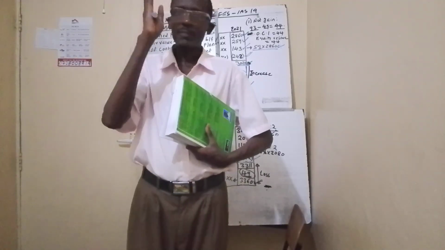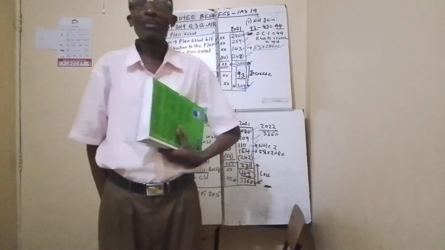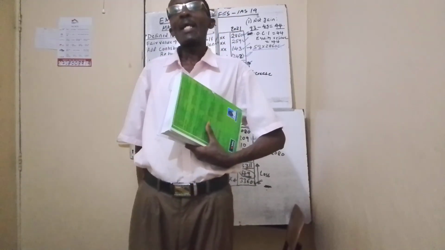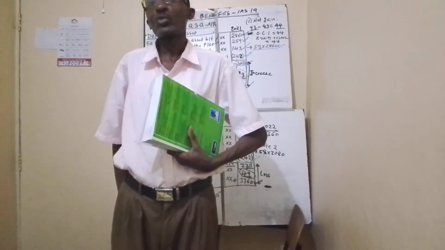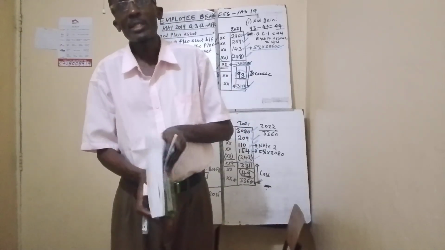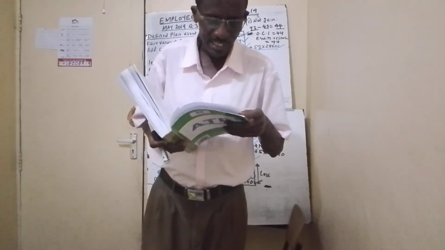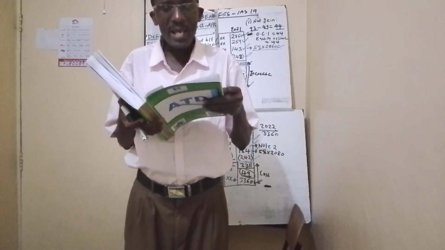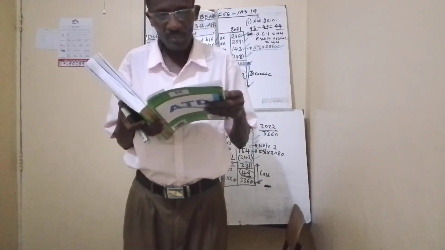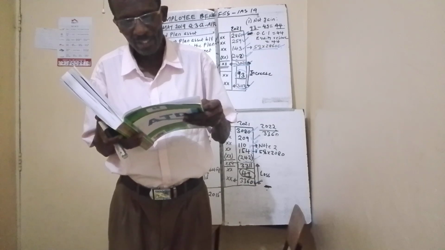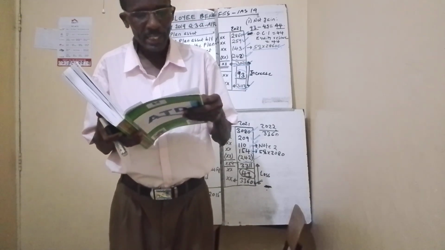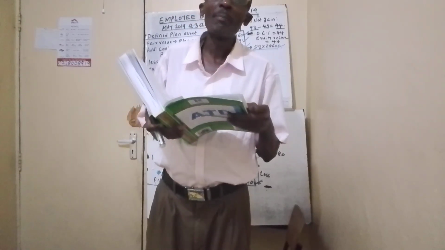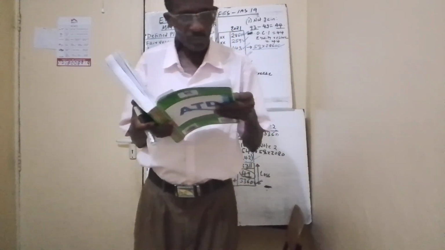So IAS 19, that is employee benefits, was introduced in the year 1983 and it was subjected to certain amendments in the year 2011. That is where they are telling you, in accordance with year 2011 revision to IAS 19 employee benefits, Volta Limited recognizes measurement gains and losses in other comprehensive income in the period they occur.